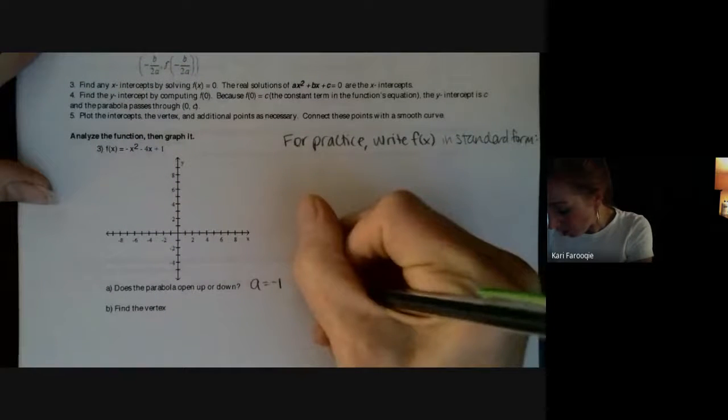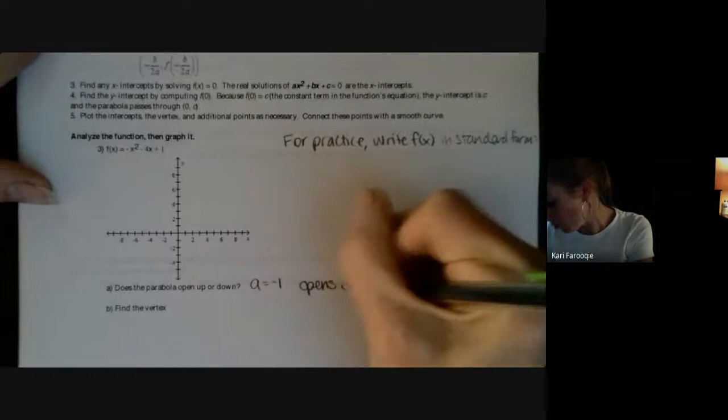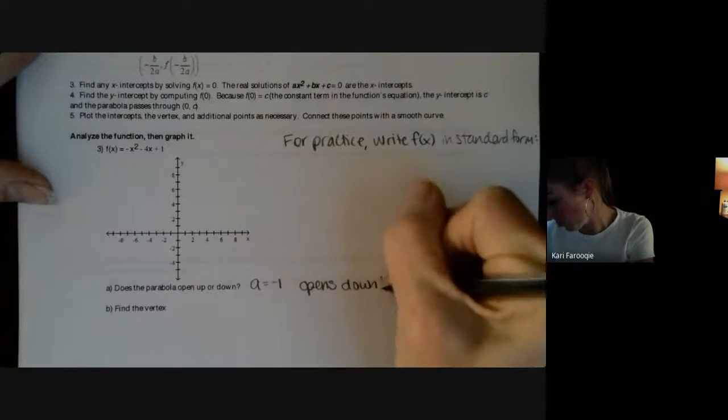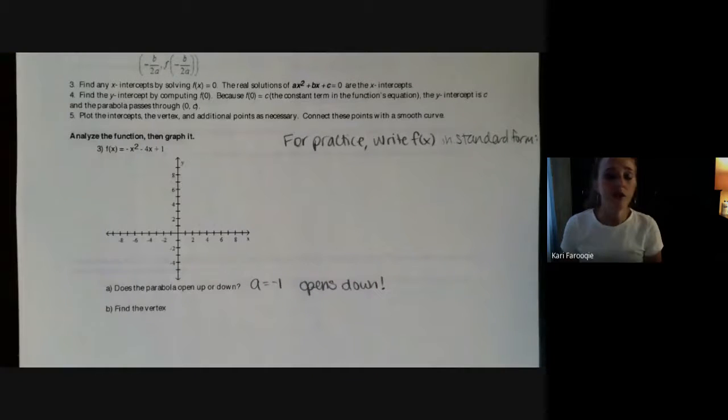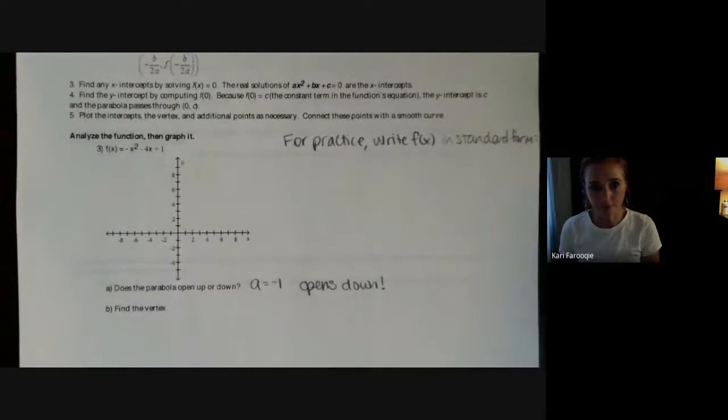So we know that our parabola must open downward. If A is negative, the parabola opens down. All right, so that's one important thing that we just found.